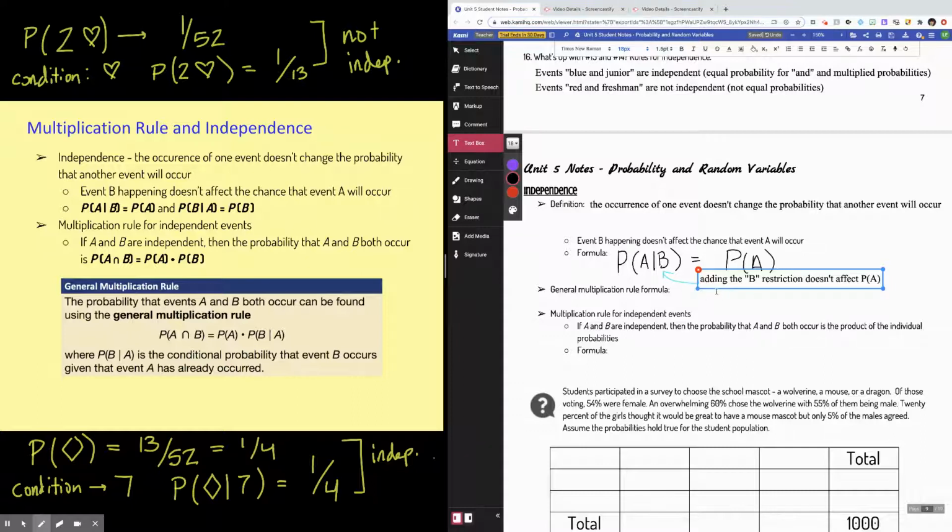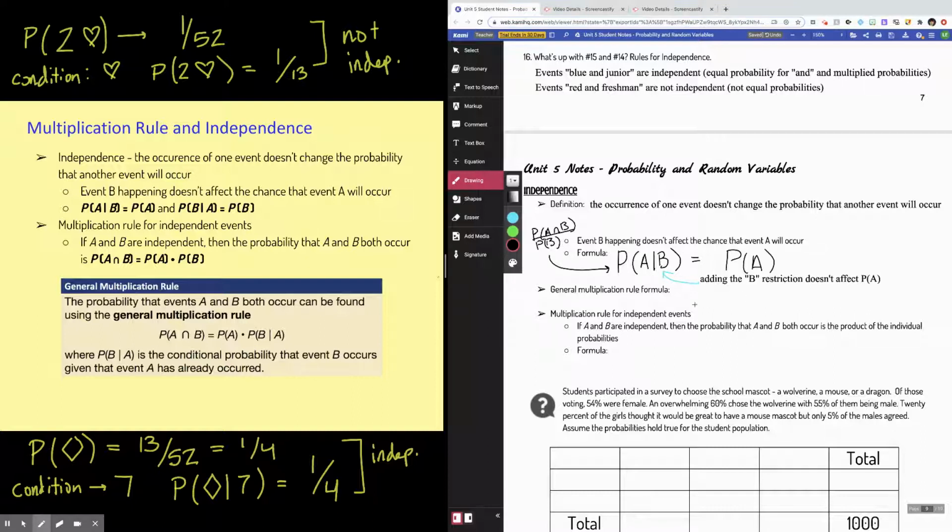We can then take this and use it to build the general multiplication rule, which you see on the left side of your screen here. Because if you recall, the probability of A given B is the probability of A and B divided by the probability of B, right?